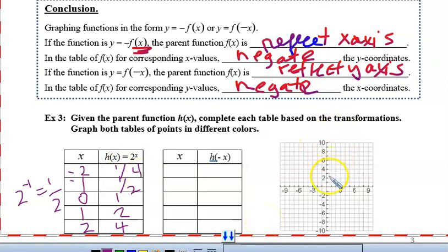I'll go ahead and do that now with one of my color pens. And then when you do your -2 and -1, you just get them kind of close. I know it's kind of hard to plot both of those, but you'll just get them close to the x-axis.